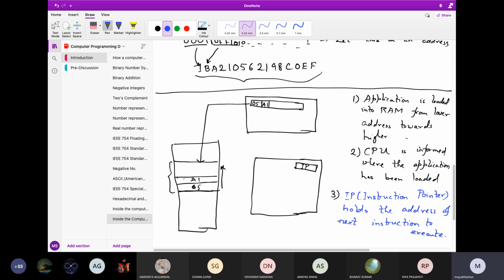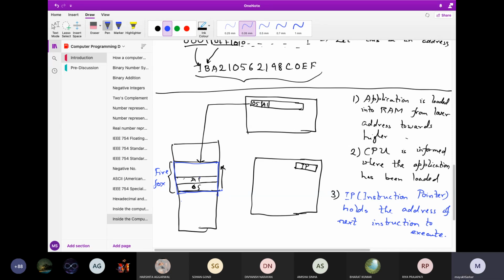The operating system will load this instruction pointer register with the address of the starting instruction of your application. So suppose the browser Firefox has been opened here. Firefox is residing in this region of the memory.